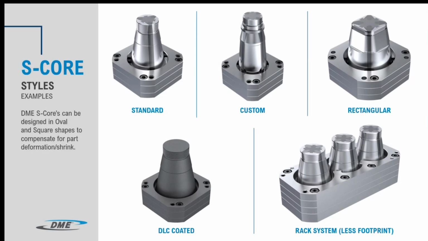It's not like we have it in the warehouse. No, we produce the core directly for your solution. In this case, standard means we have a thread as the undercut on site. In the middle, you can see what we call custom versions.